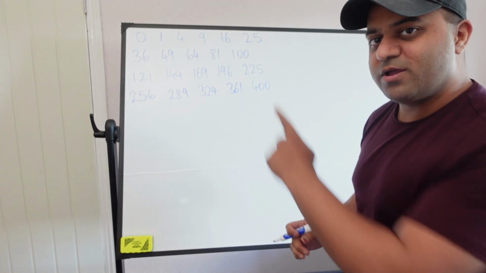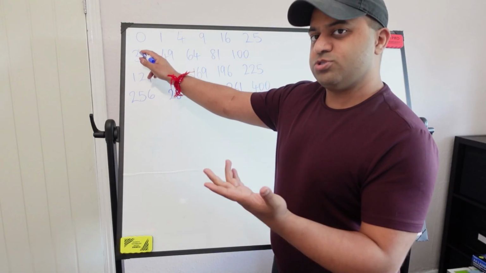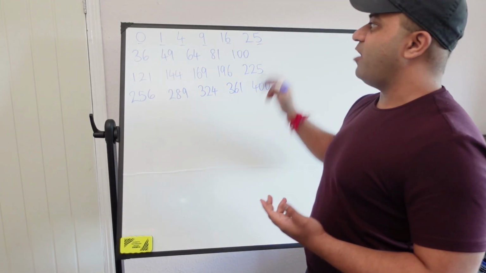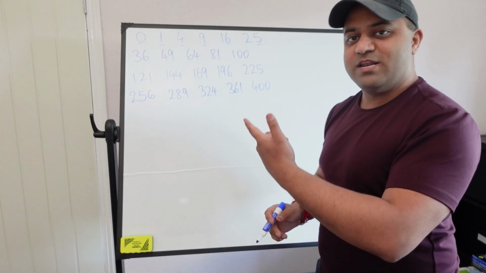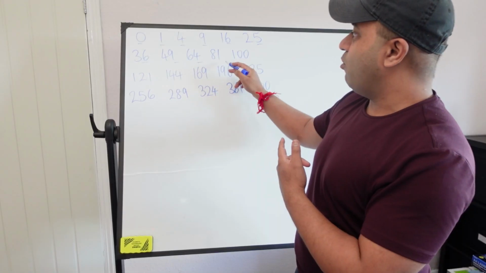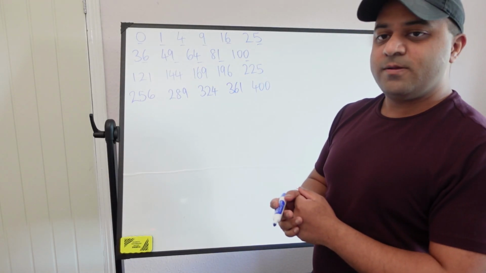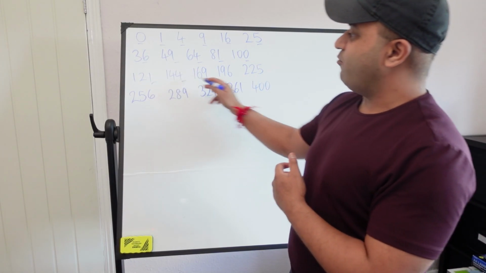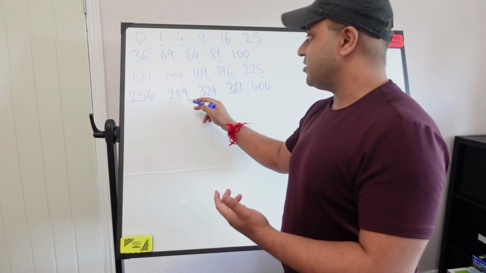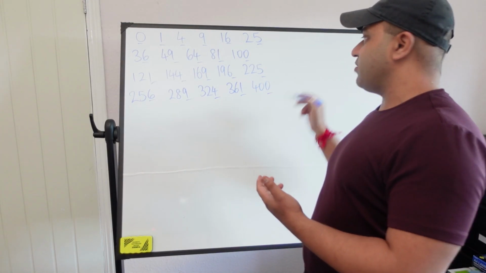Now, a pattern that some of you eagle-eyed viewers might have noticed is that the square numbers seem to alternate if you look at their last digit. So starting with this, we have 0, 1, 4, 9, 6, then 5. And then the list reverses itself because now we have 6, 9, 4, 1, 0. And then again, 1, 4, 9, 6, 5. And then 6, 9, 4, 1, 0.